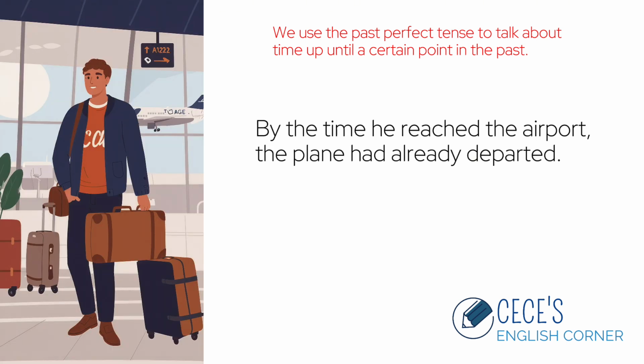By the time he reached the airport, the plane had already departed. In this example, we're talking about time up until he reached the airport, but this example is also similar to the examples we've discussed previously. There are 2 events happening, the earlier of which is the plane departing. The second event is his arrival to the airport.